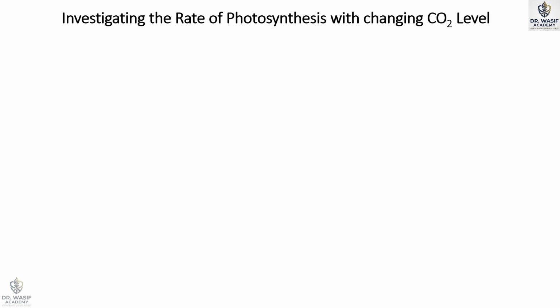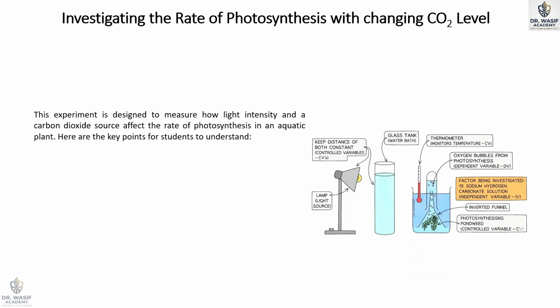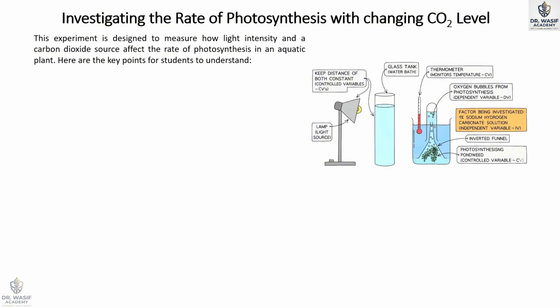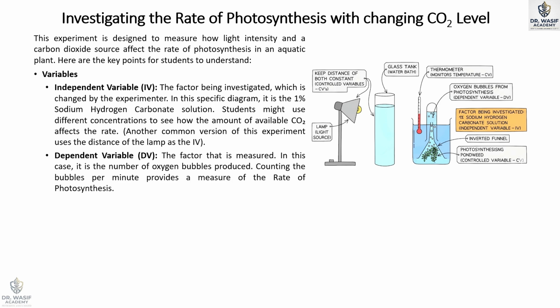So as we have seen how light distance affects a plant, but what happens if we keep the light steady and change the food supply? In this experiment, we are investigating how the concentration of carbon dioxide impacts the rate of photosynthesis. In this case, our independent variable is the concentration of carbon dioxide.